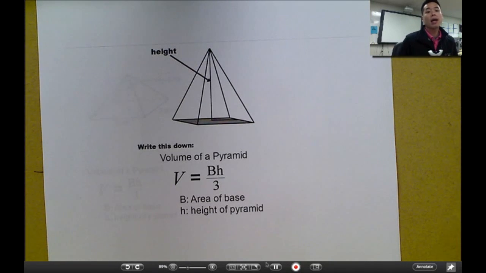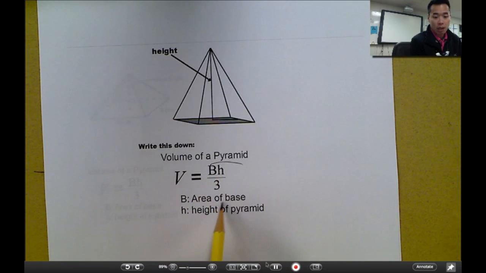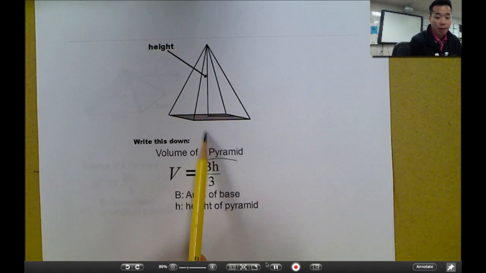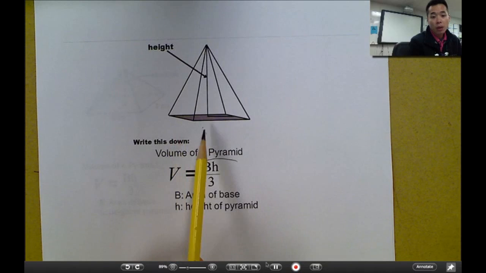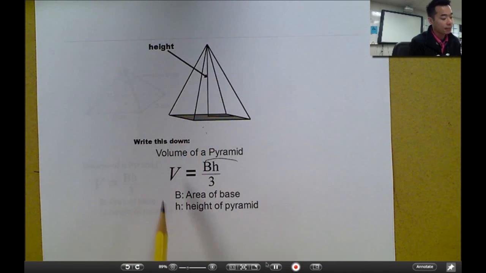And then we also have the volume of a pyramid. This is a rectangular pyramid. We name pyramids by their base. Capital B will be the area of the base. For a circle, the base is a circle, so you do pi r squared. In this case, this is a rectangular pyramid, so you would do the area, length times width, and that would be the area of the base, and multiply by its height.